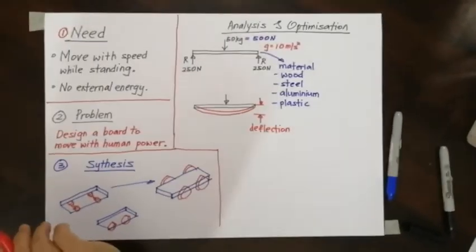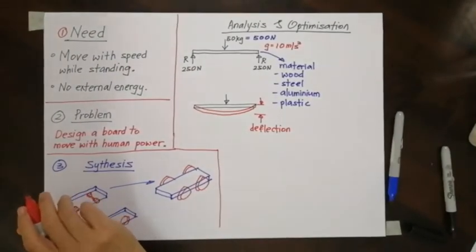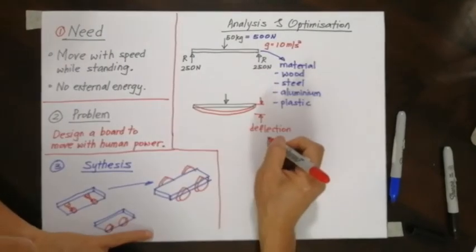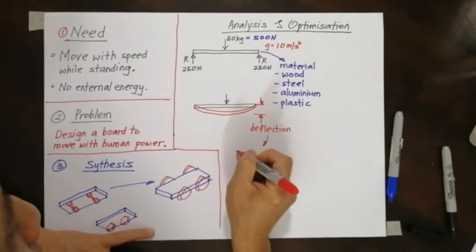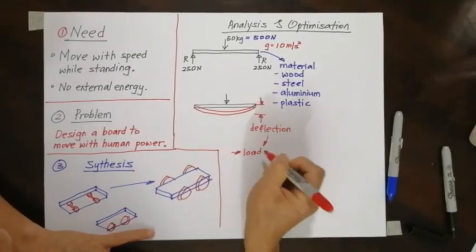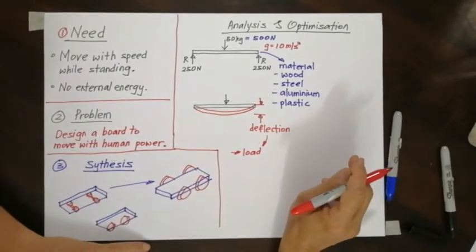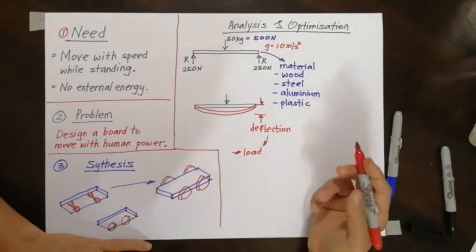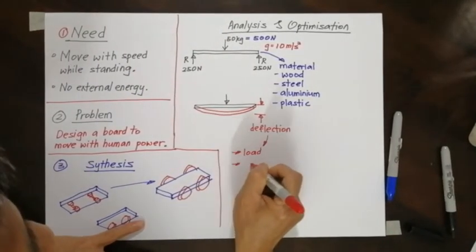Now, it's interesting to talk about deflection. We ask ourselves what determines the deflection. So we say, okay, we can have the load, that means the heavier the passenger on it, the higher is the deflection, and we can say the length.